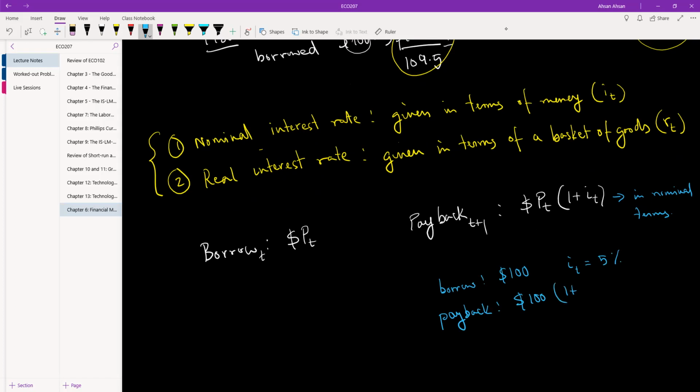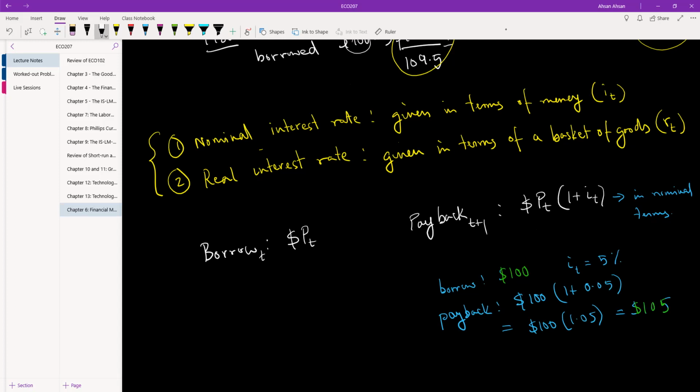So that's 1 plus 5%, so that's 0.05. So what we have is 100 times 1.05, which is 105. Okay, so you borrowed 100, and after 1 year you're paying back 105.